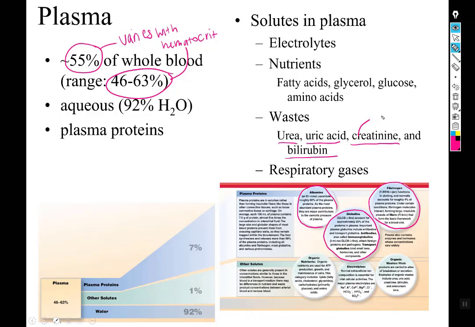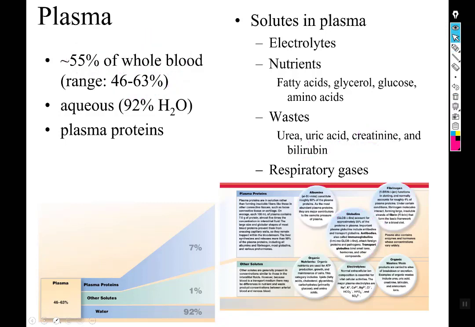So this is coming from skeletal muscle. And bilirubin is a breakdown product of hemoglobin. It's secreted in bile. Respiratory gases are, of course, also carried in the blood. So those are going to be oxygen, molecular oxygen, that's O2, and carbon dioxide as well.